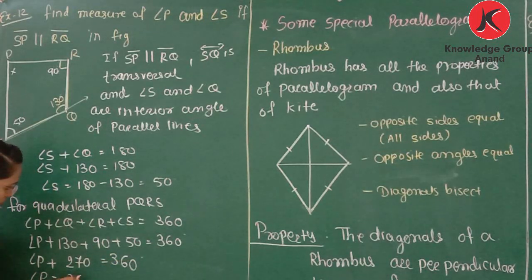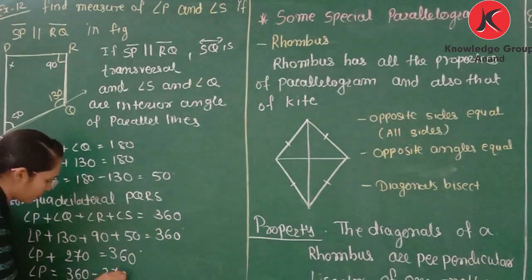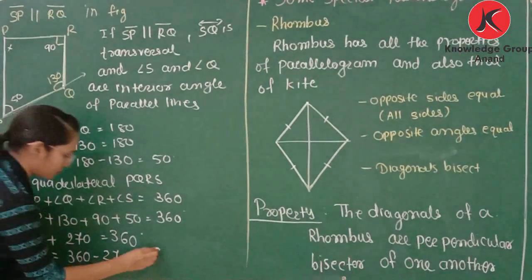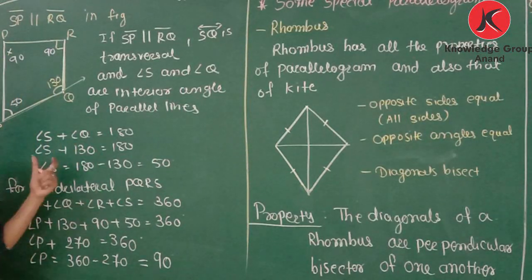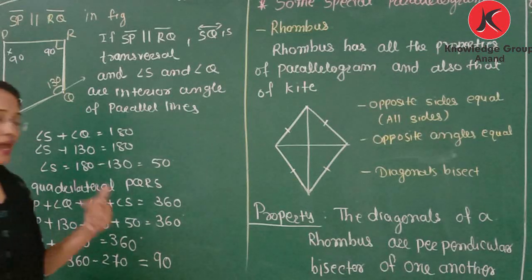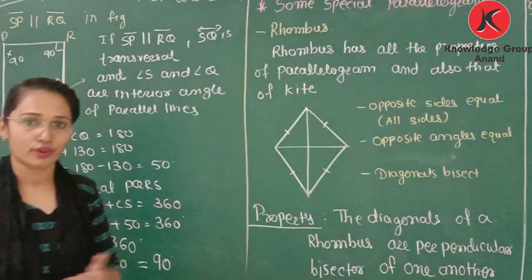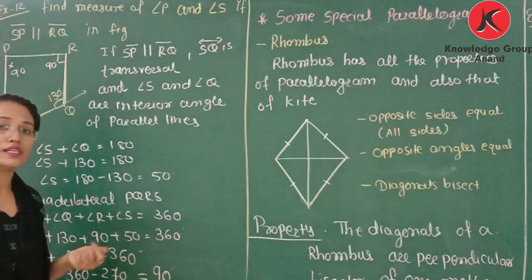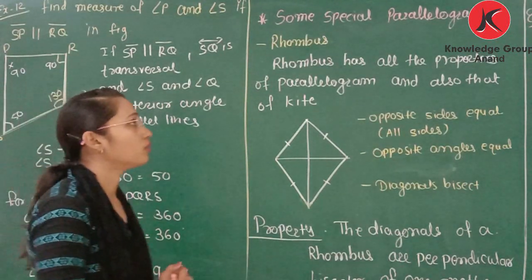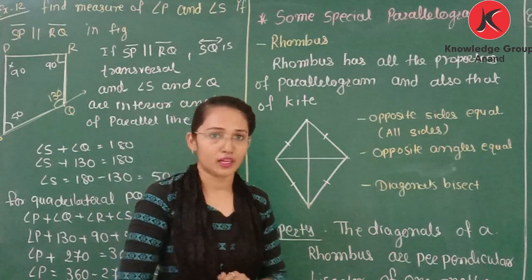Angle P is equal to 360 minus 270. So it is 90. So what is angle P? It is also 90. Clear? The property that you need to remember: for angles formed by a transversal of parallel lines, if the angles are interior, then they are supplementary. Clear?